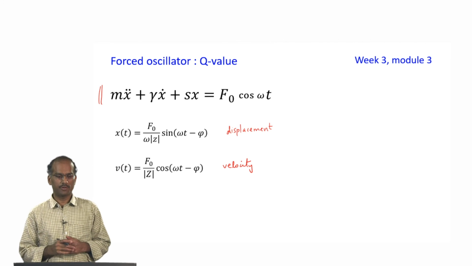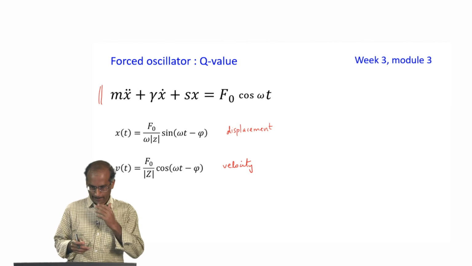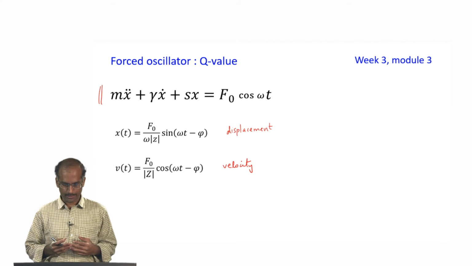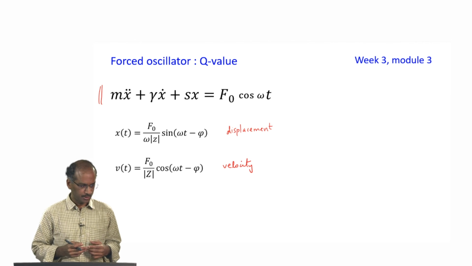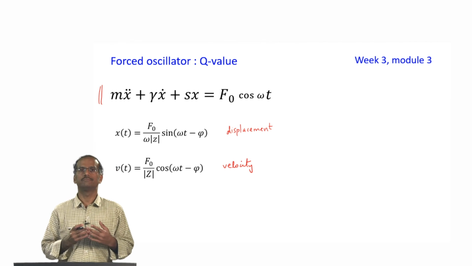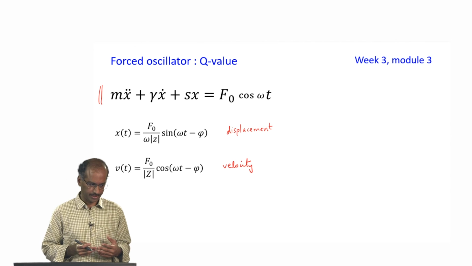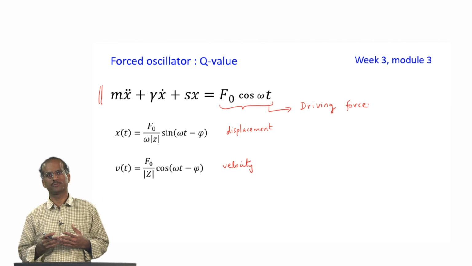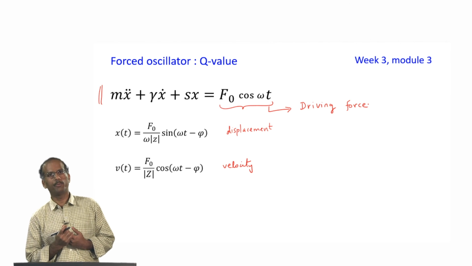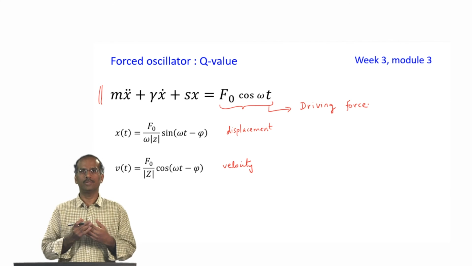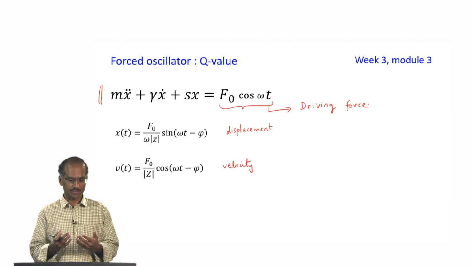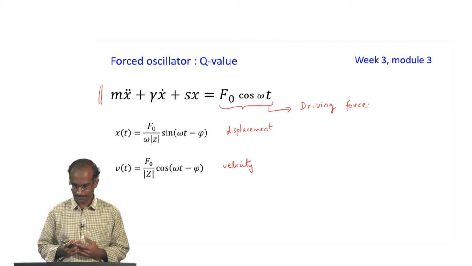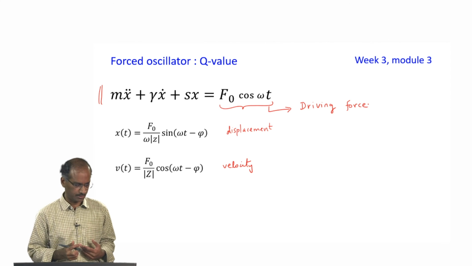So, even before I get to Q value, the first thing that I would like to do is to compute the power supplied to the oscillator by the driving force. So, if I am driving by this force f 0 cos omega t, how much power am I giving to the oscillator? So, that is the quantity that we will first compute, and then we will look at the Q value.